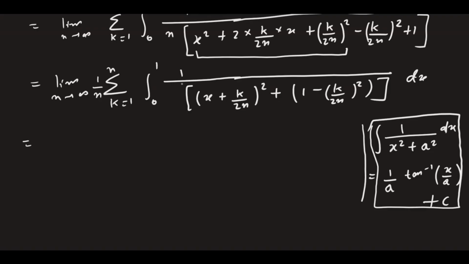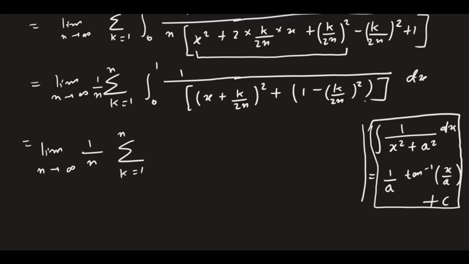So now here I will have limit as n goes to infinity 1 by n and sum k varies from 1 to n of. Now this, by the same analogy, I can write as 1 by a, where a is the square root of this term.